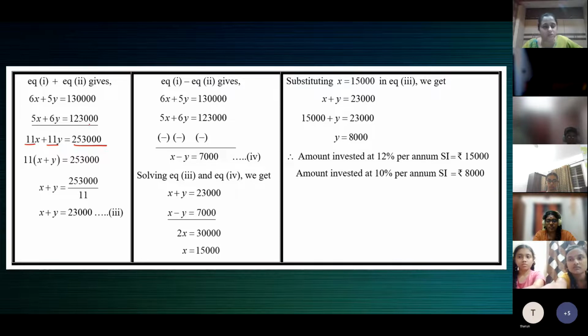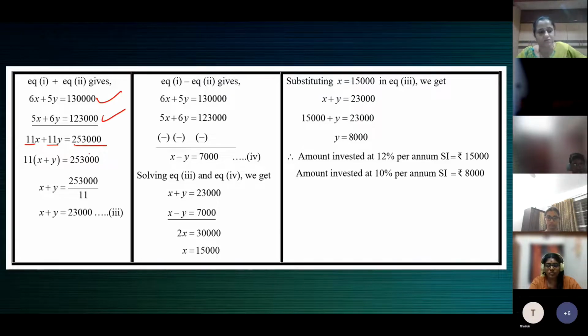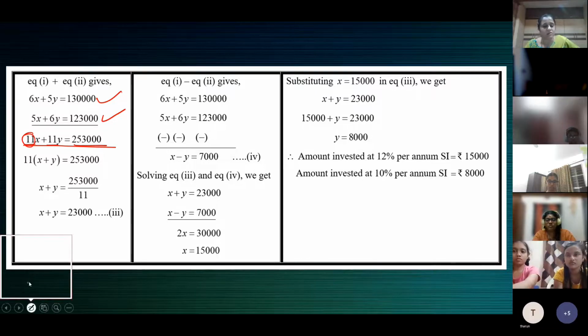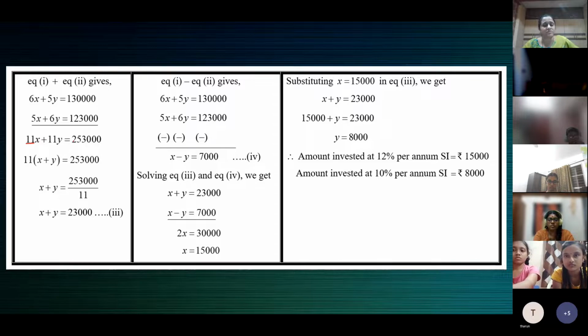When you add the two equations, this is the new equation we get. 11 is common; this number is divisible by 11. Take out 11 common. So 11 of x plus y is equal to this one. x plus y is equal to 2,53,000 divided by 11. And this division gives you 23,000. That is the third equation.